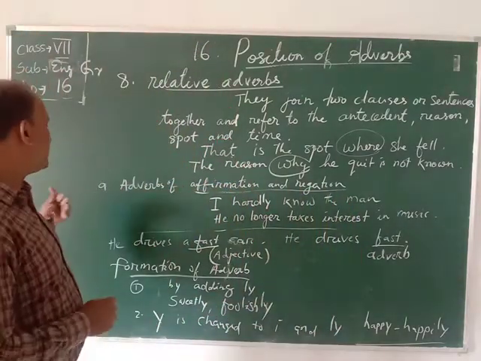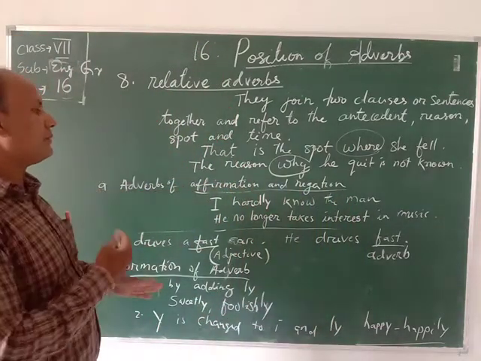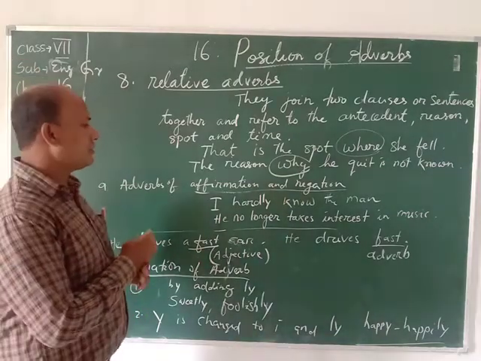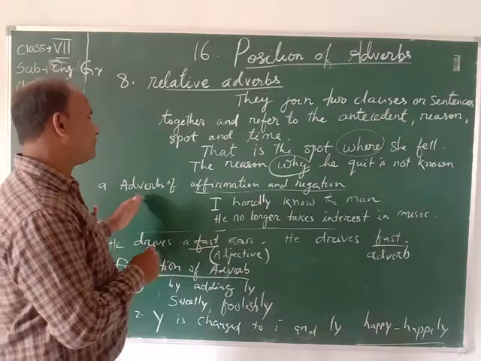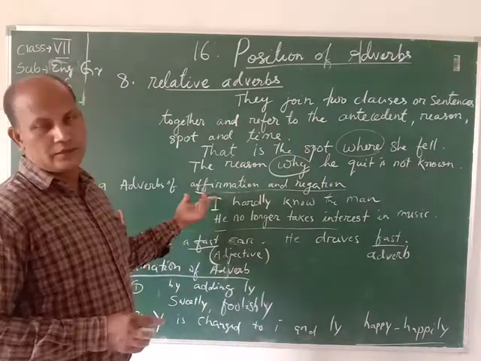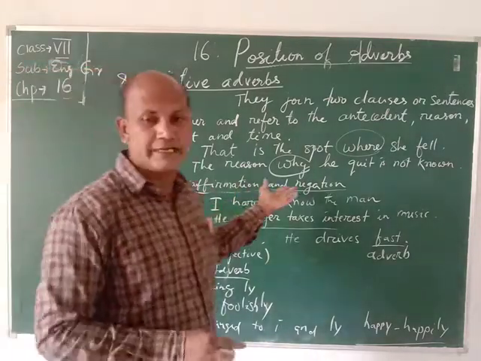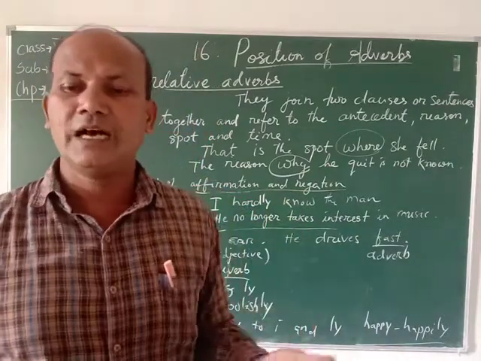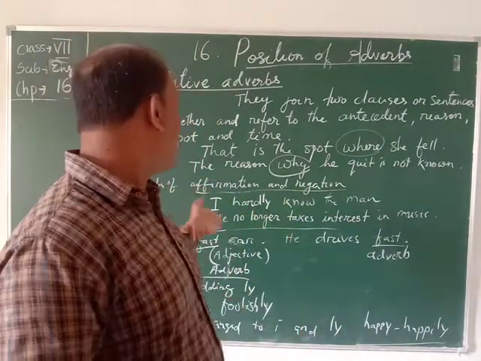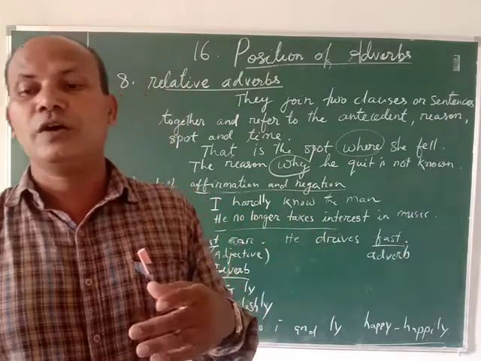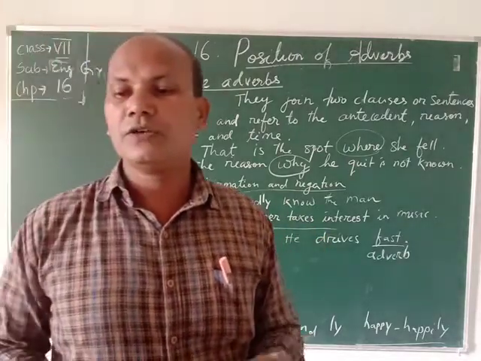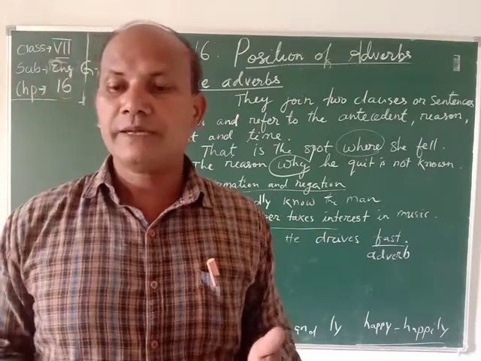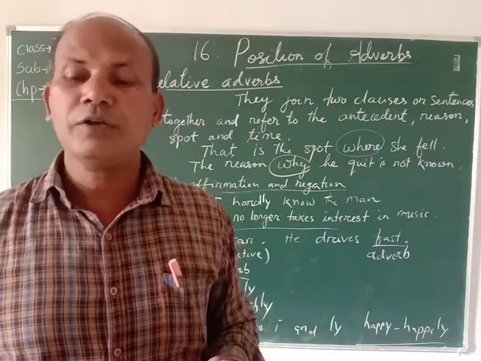Next point is adverbs of affirmation and negation. I hardly know the man. That means adverbs of affirmation are positive forms, negation is negative forms. Okay, just like certainly, surely, scarcely, hardly. These are all affirmation. You will certainly fall sick if you don't eat and sleep on time. Surely, someone gave you the wrong information.